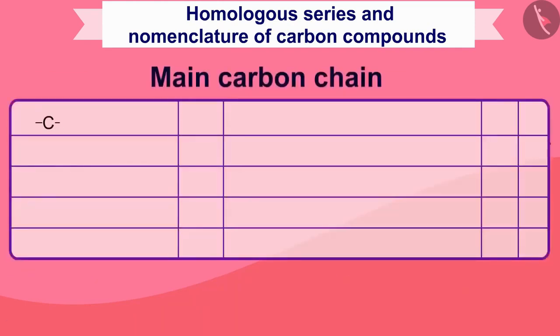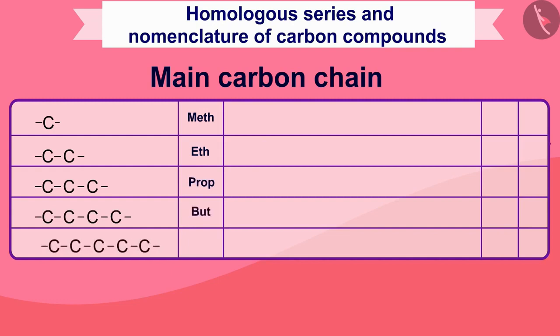If there is 1 carbon, then we will write meth. If there are 2 carbons, then we will write eth. If there are 3 carbons, then we will write prop. If there are 4 carbons, we will write but. If there are 5 carbons, then we will write pent.